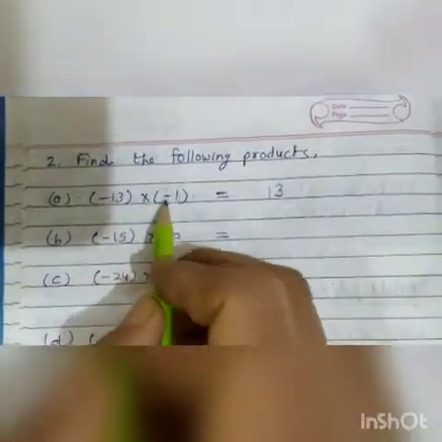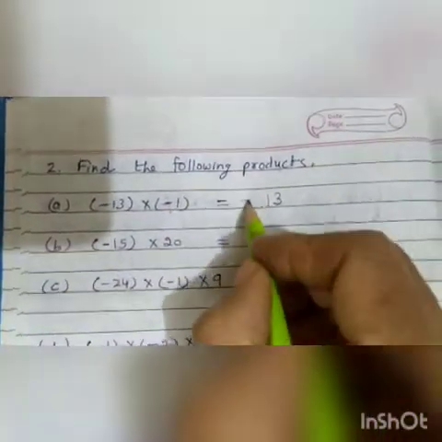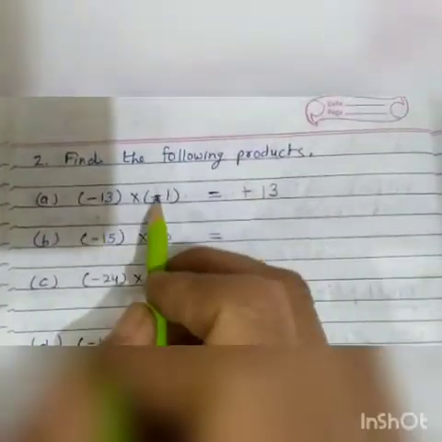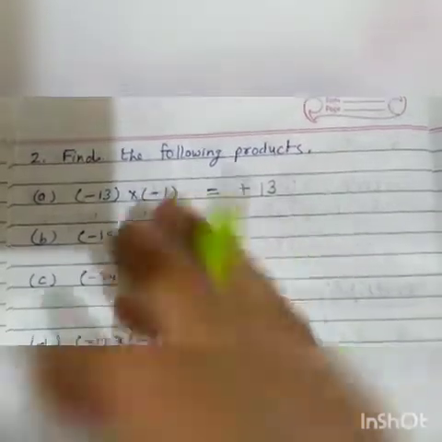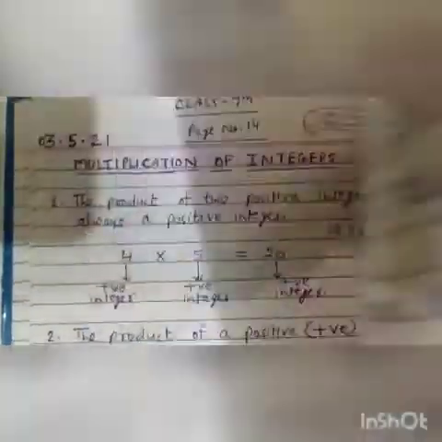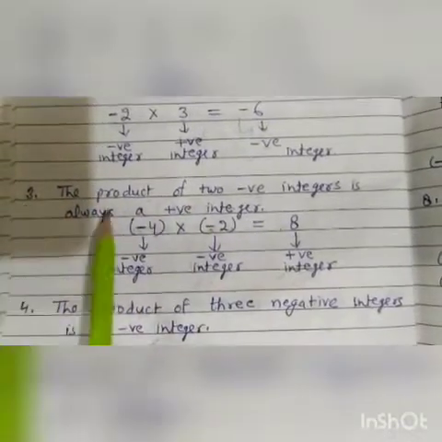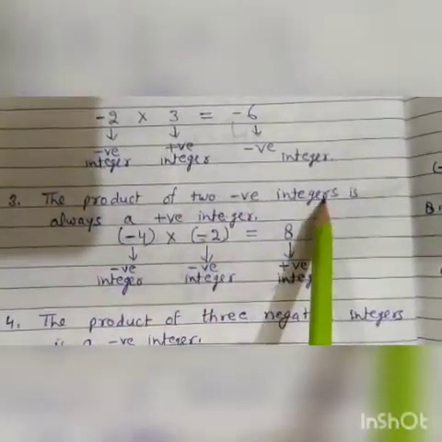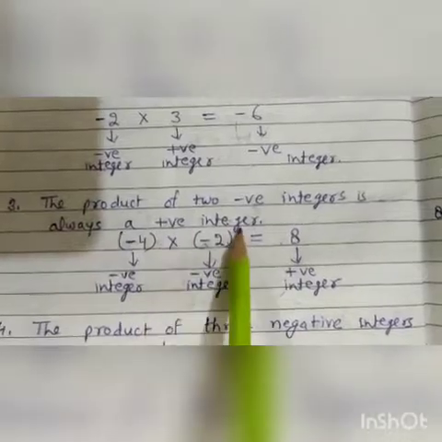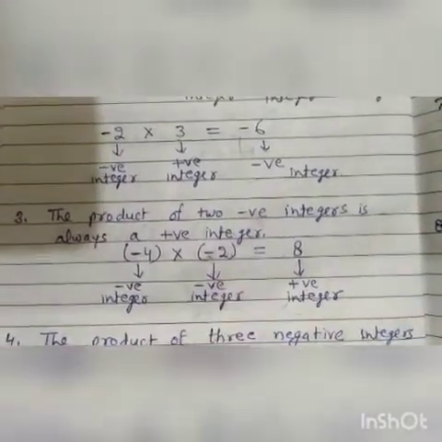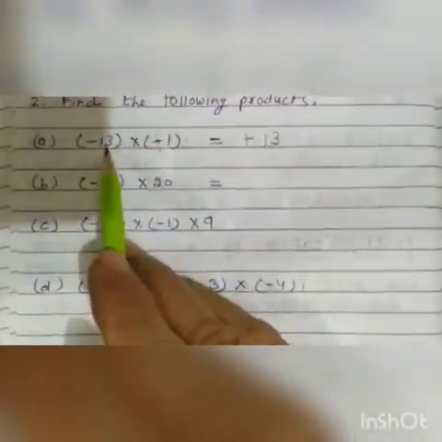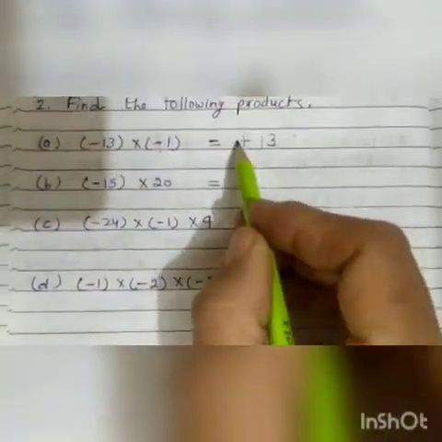Then minus minus plus. You know, when we multiply two negative integers, we get the positive sign. See, rule number 3: the product of two negative integers is always a positive integer. So their product will be plus 13.